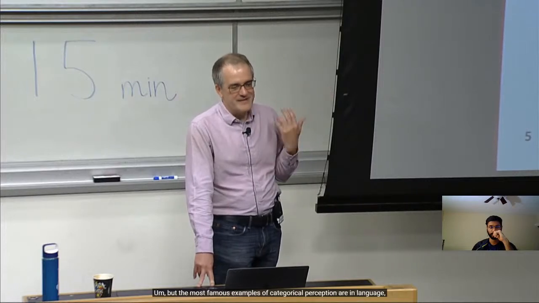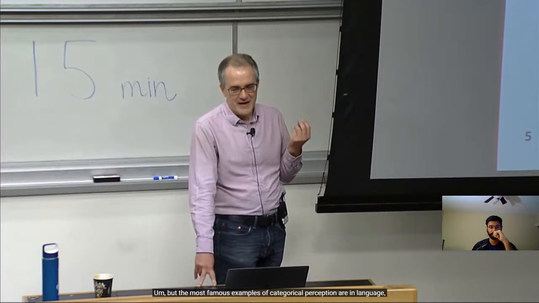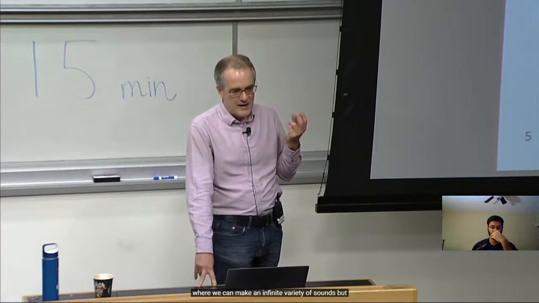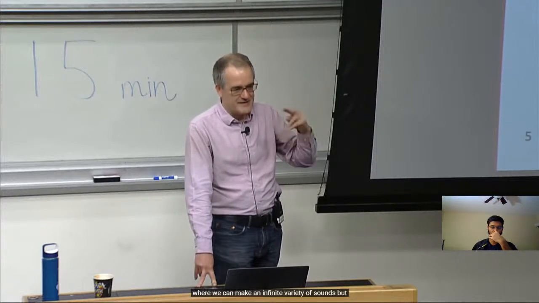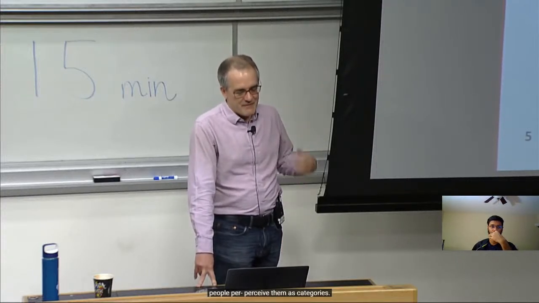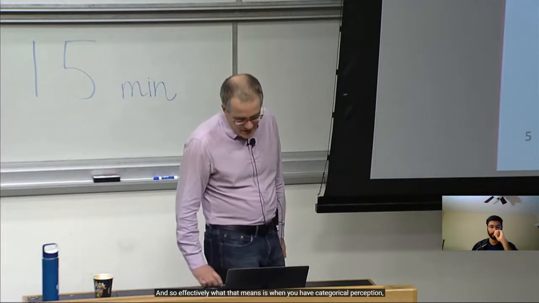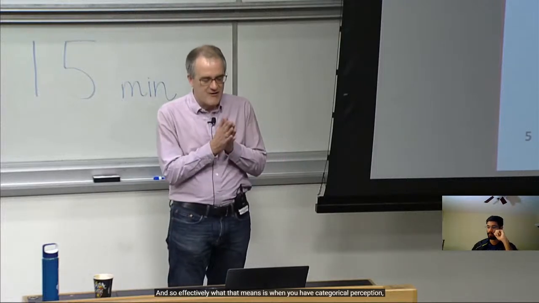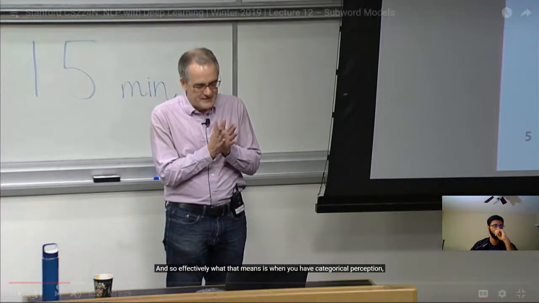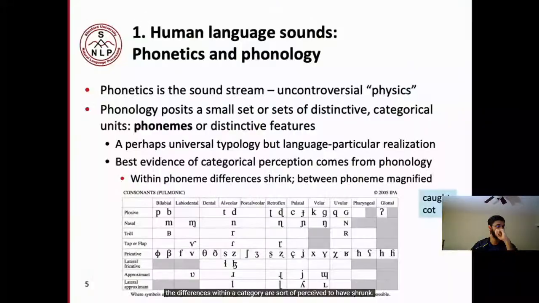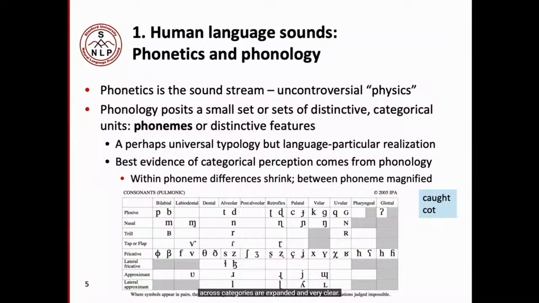But the most famous examples of categorical perception are in language, where we can make an infinite variety of sounds, but people perceive them as categories. Effectively, when you have categorical perception, the differences within a category are perceived to have shrunk. You barely notice them at all, whereas differences across categories are expanded and very clear.